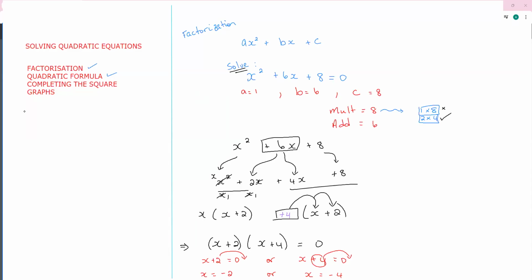Now I'm going to use the formula on this side. Right, so I'm going to solve the same equation, but this time using the quadratic formula.